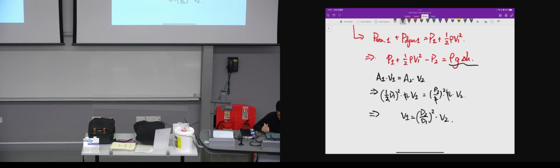So then finally what we want is Q equals A2 times V2. We have density known, gravity known, and delta h known, so finally we need to apply the Bernoulli equation.